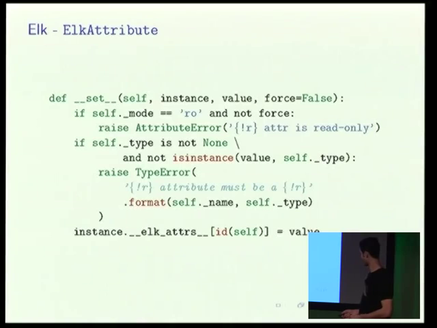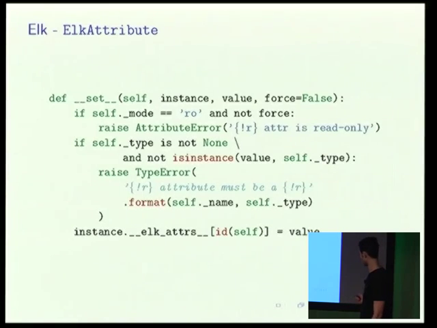Okay, with __set__, we're going to see a few more features in play here. So if the mode of self, the descriptor object, is read-only, so you saw on the slide back before, we had mode equals RW, read-write. But if it's read-only, then we're going to say, sorry, it's a read-only attribute. Going to raise an attribute error. If the type is not None, so there is a type constraint, and the value is not an instance of something that we've given in the type constraint, then we're going to raise a type error.